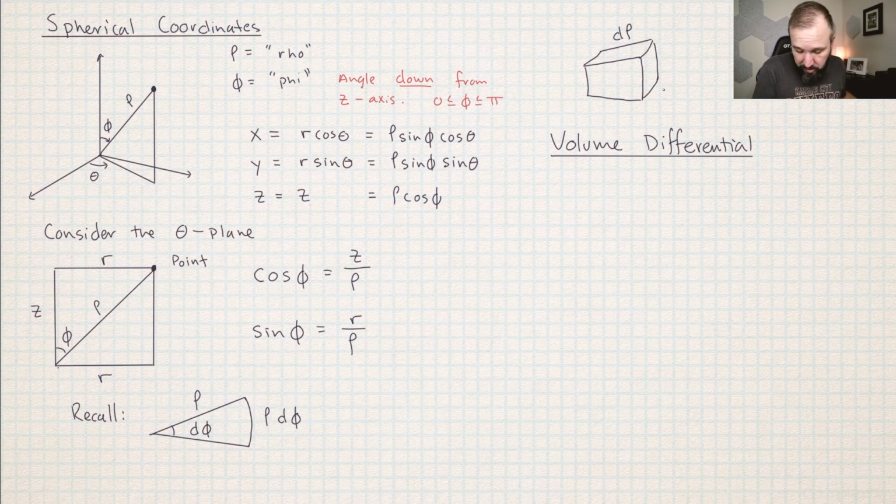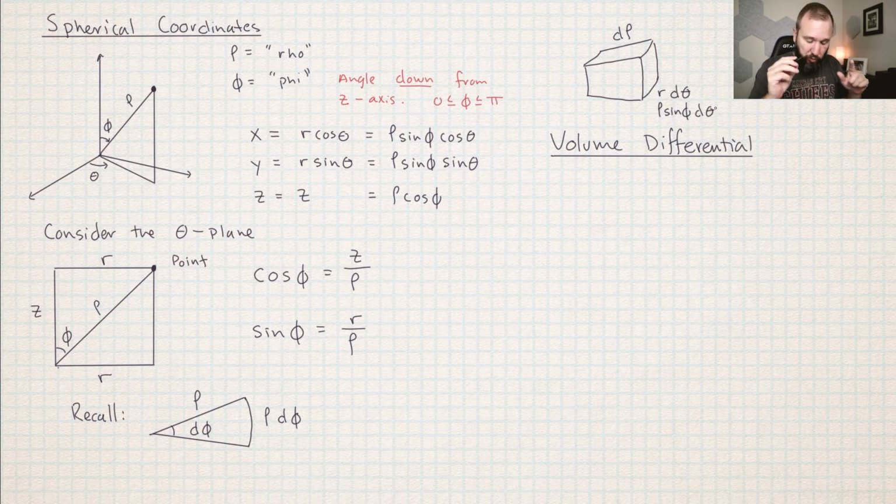So just like in polar and cylindrical coordinates, this length down on the bottom there is going to be r d theta. Okay, but that doesn't help us because we don't have r's in our problem. So remember, r is equal to rho sine phi. So this distance right here is really rho sine phi d theta.